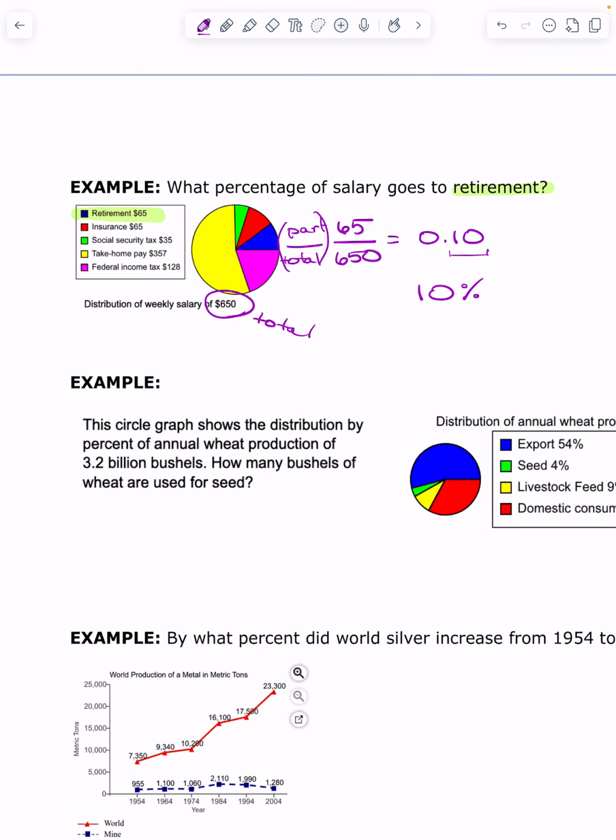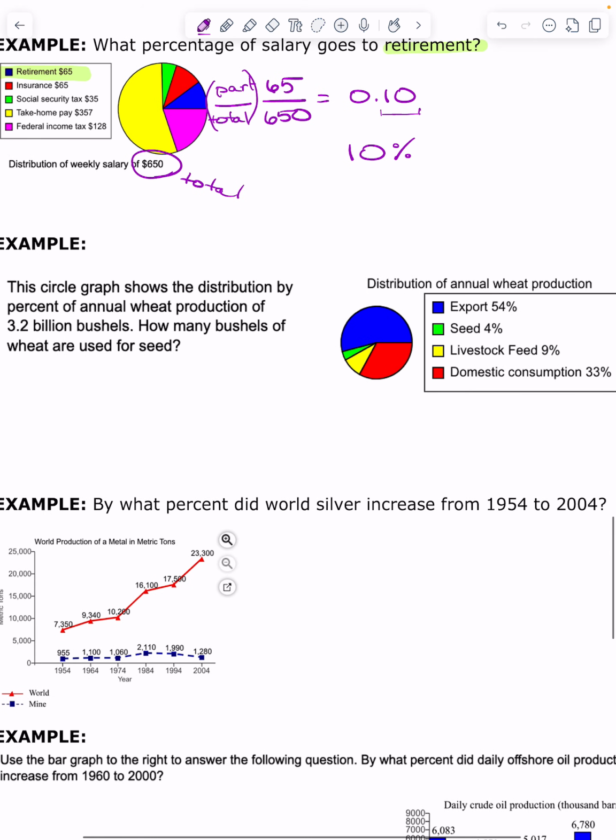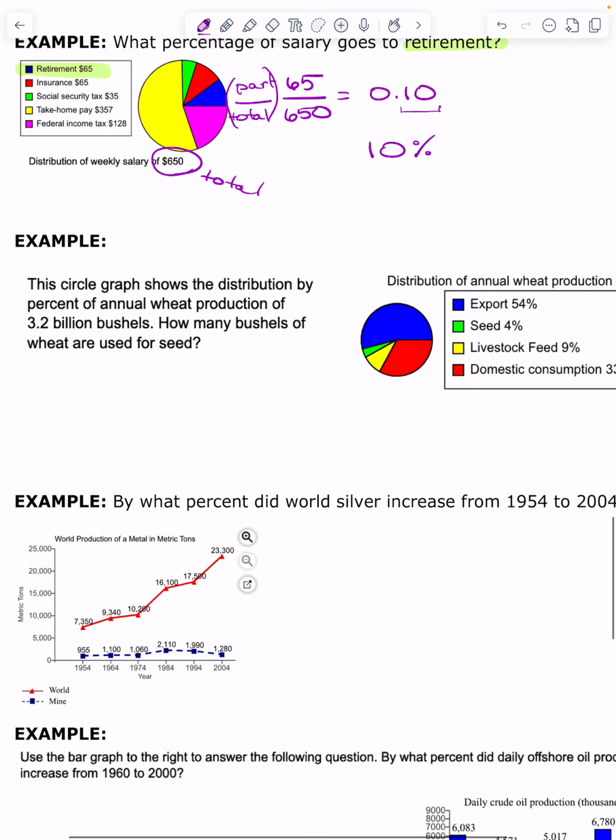Second one's a little different. We have the percentage of parts that go into annual wheat production distribution. We want to know about how many bushels are actually used for seed out of our 3.2 billion. So here's seed, 4%. Percents are always out of 100, so that's 4 out of 100.